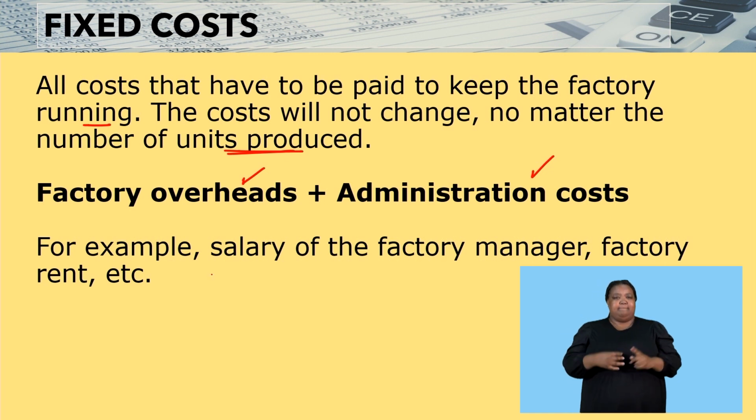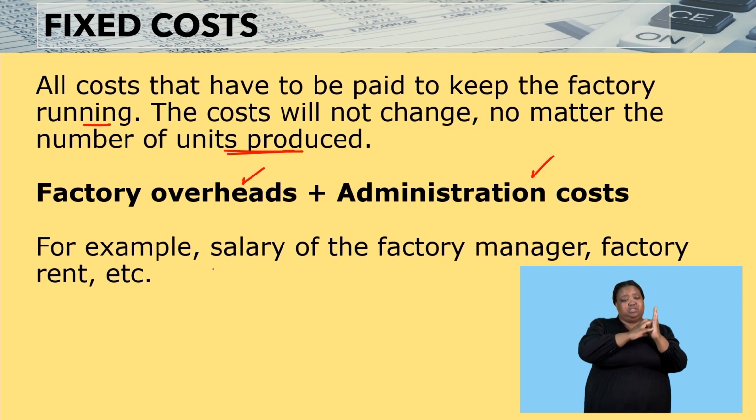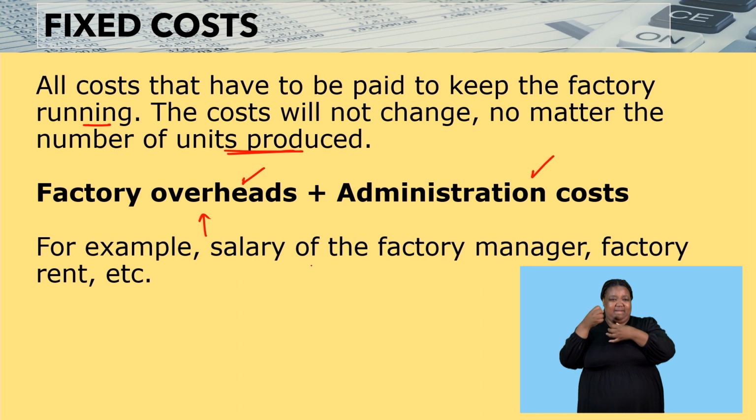All right? And here's an example. The salary of the factory manager and the factory rent, these are considered to be fixed cost because they go into the factory overheads. So we consider those to be fixed costs.